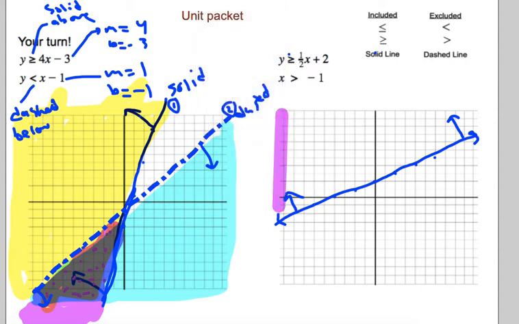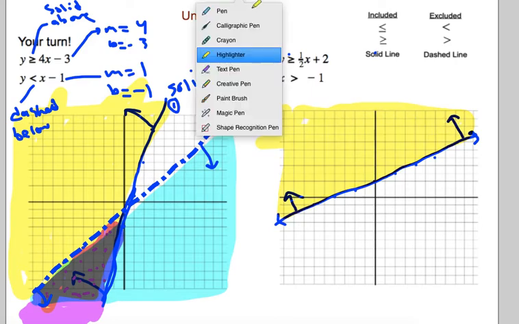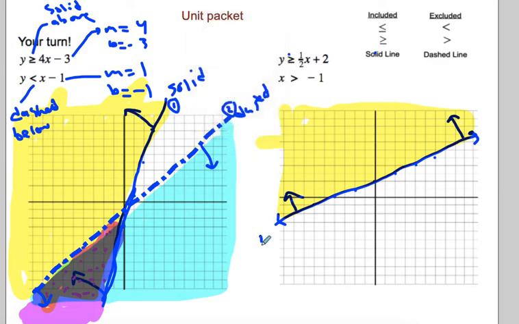Nope, I wanted to be yellow, back up. Try to be consistent here. That looks good. This is line 1, and we want it to be solid.